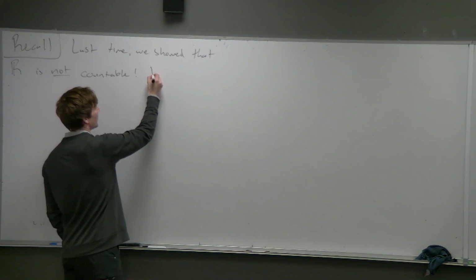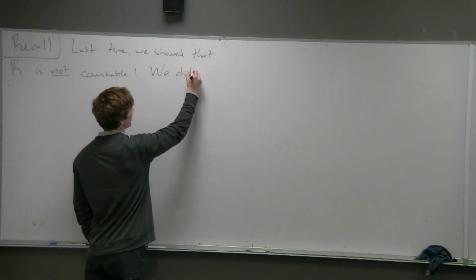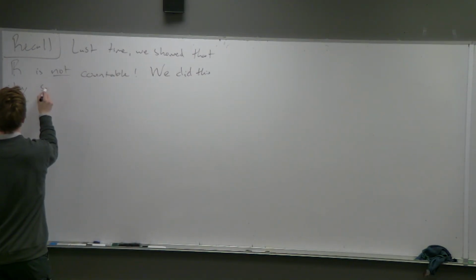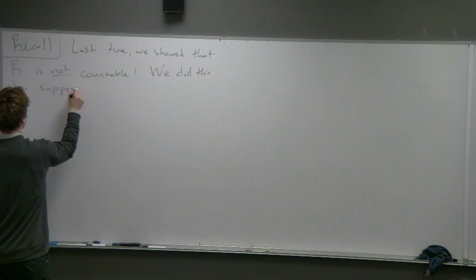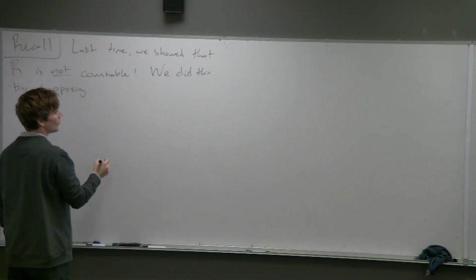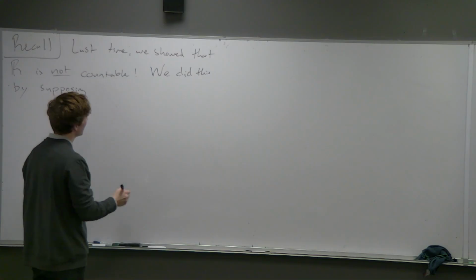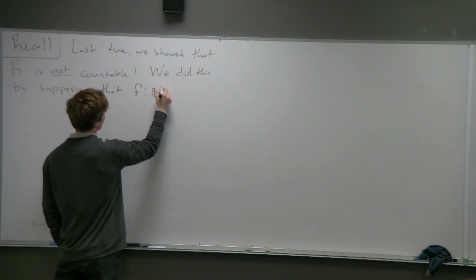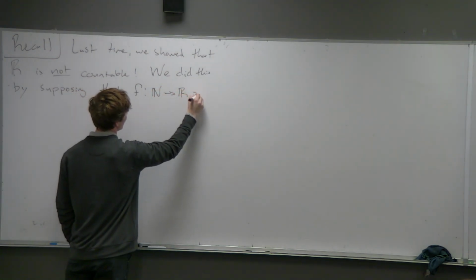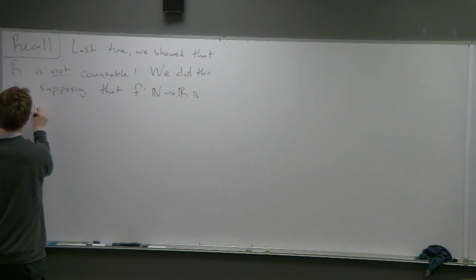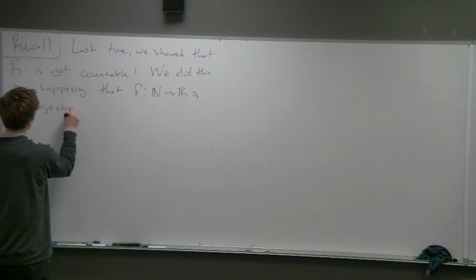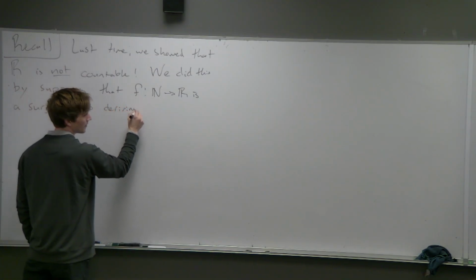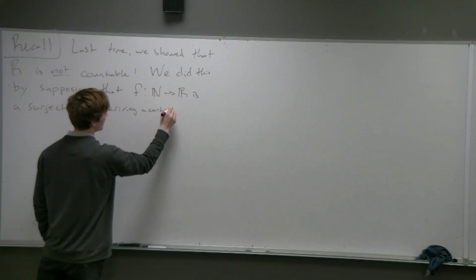Well, we did this by supposing that f from the naturals to the reals is a surjection and deriving a contradiction.